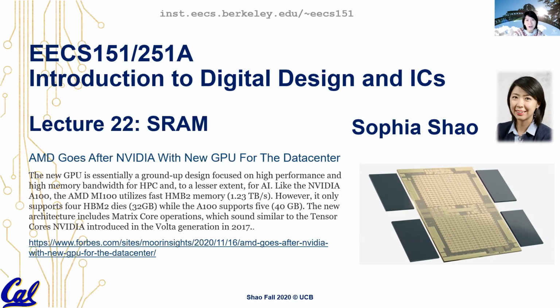In this card, AMD officially announced what they call the matrix core. If you recall, we talked about the tensor core in NVIDIA GPUs, which started from the Volta generation at least 3 years back. Although it's called a tensor core, it's basically doing matrix multiplication.